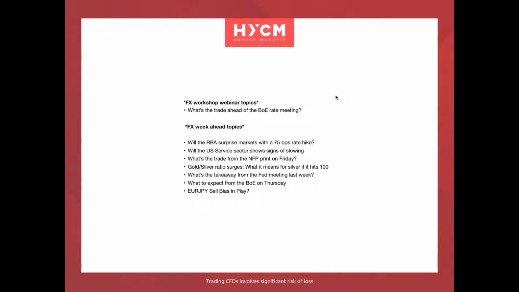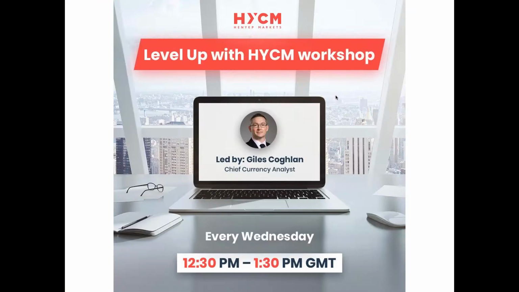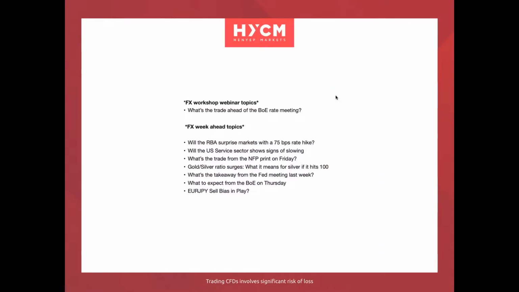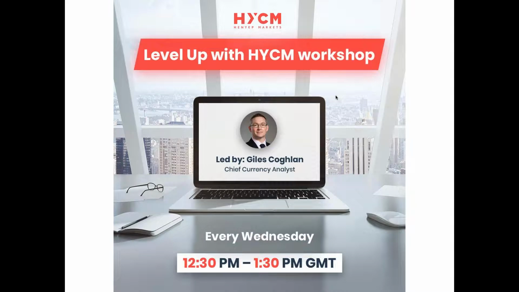Don't forget, the workshop topic we'll be looking at today is getting ready for the Bank of England rate meeting, on Wednesday at 12:30. I will also get us ready for the ISM services print, which will be very important. So there are really three big events to get ready for: the ISM services print on Wednesday, the Bank of England meeting on Thursday, and then non-farm payroll.